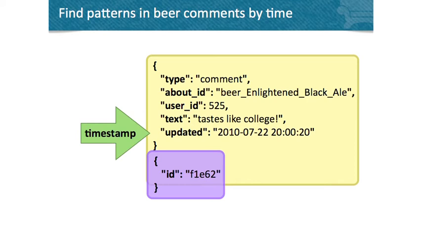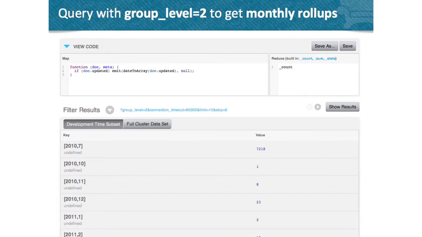So here, let's just go in the deep end. We're querying this with group level 2, and it's giving us monthly rollups. I'll explain what that means in a second, and we'll also take a closer look at the function. These monthly rollups are telling us when those comments were made or when those beer documents were updated.